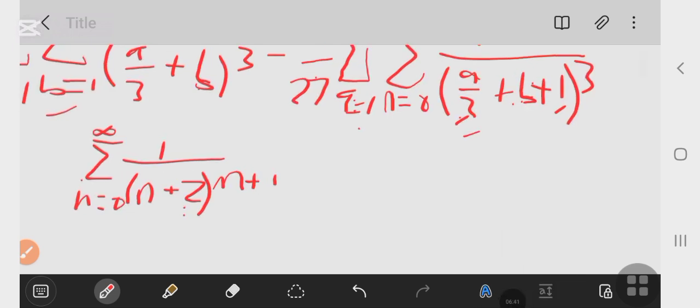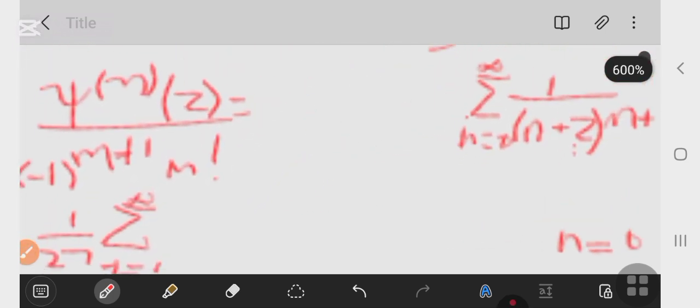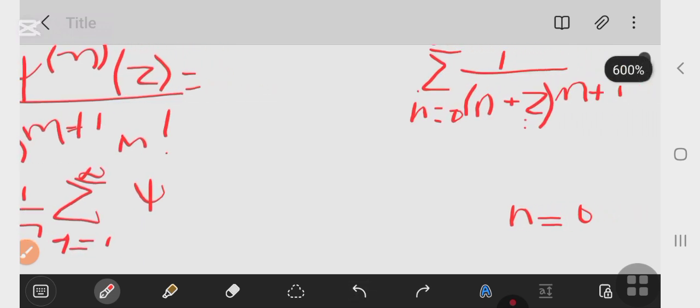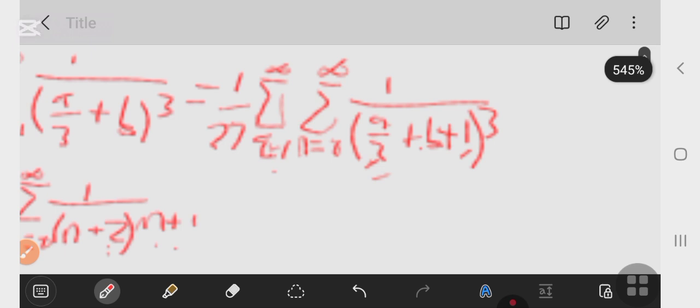So I now have the sum of, here m plus 1 makes 3 for mine, so m has to be 2.